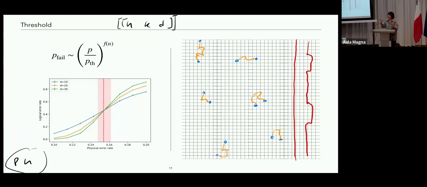At the beginning, we wanted to add redundancy to a system so that the probability of error on our encoded system, made out of a lot of physical qubits, was lower than the physical one. And the existence of a threshold for some families of codes is what allows you to do this.